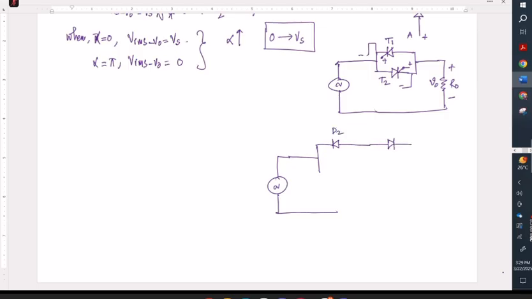Suppose this is D2, this is D1. In between we have a short circuit connection, and then we have thyristor T1, and another thyristor connected like this, that is my T2. And then it is connected to the load.